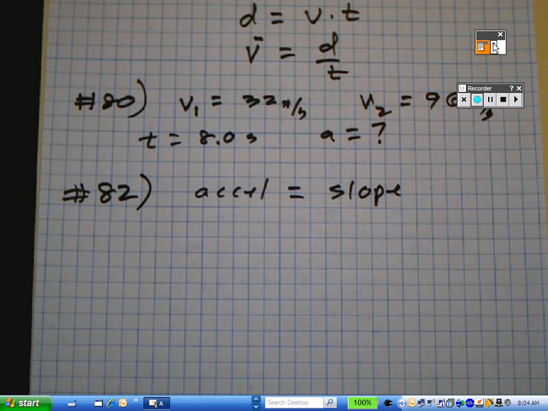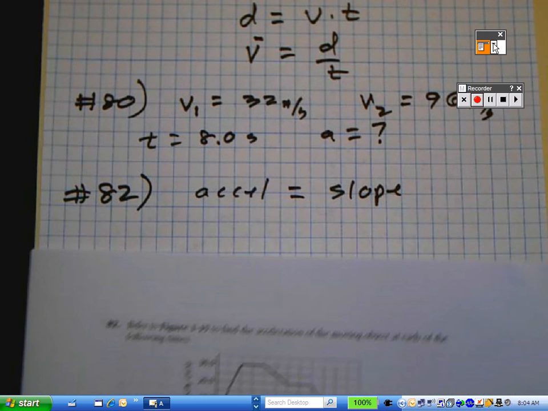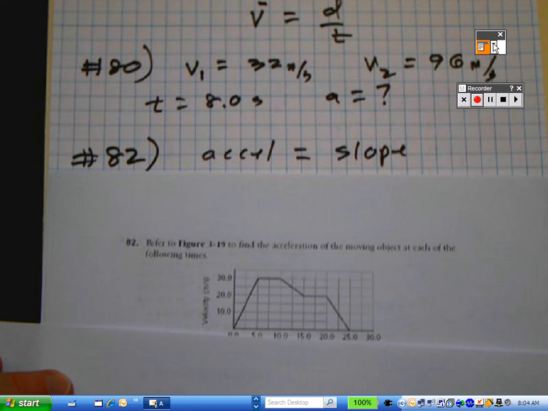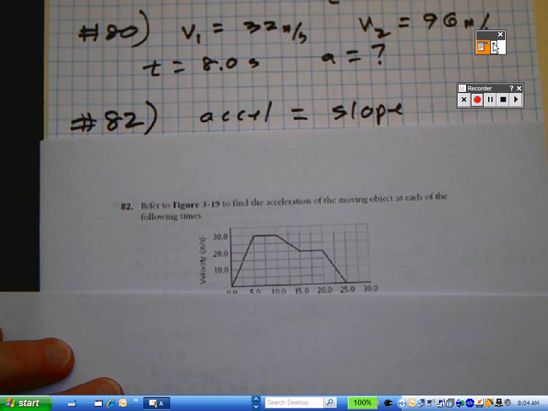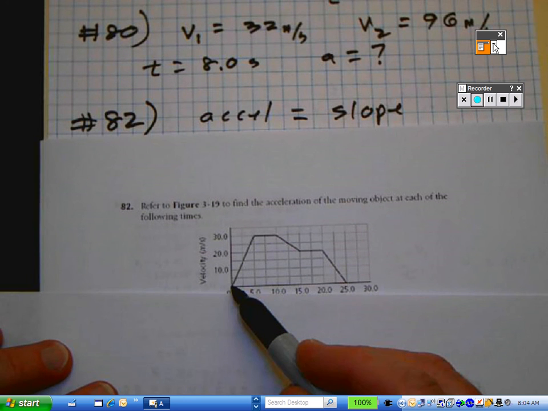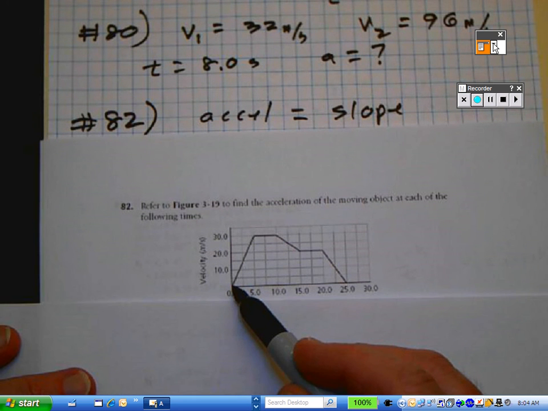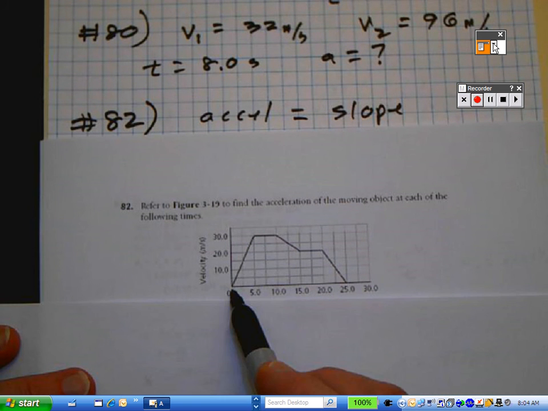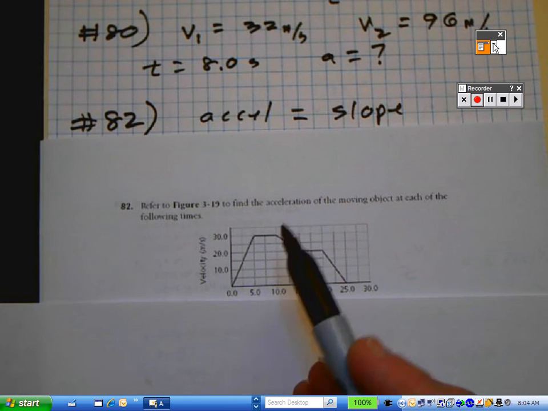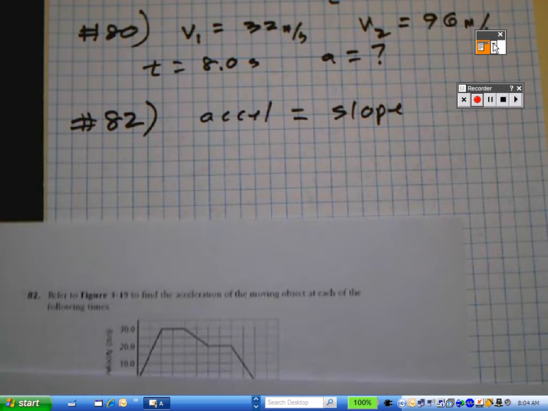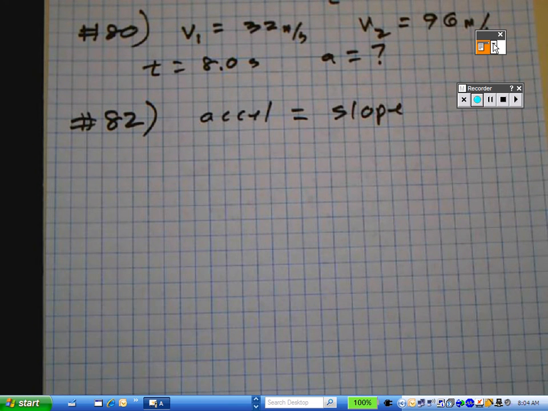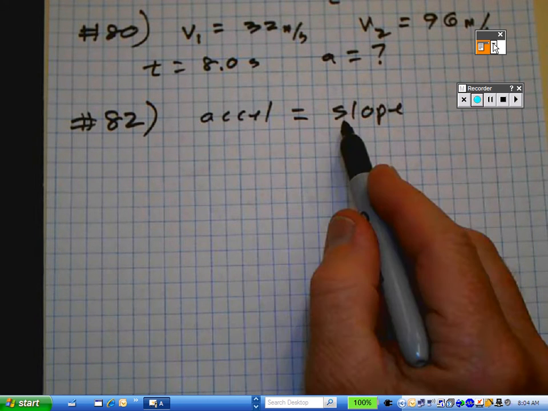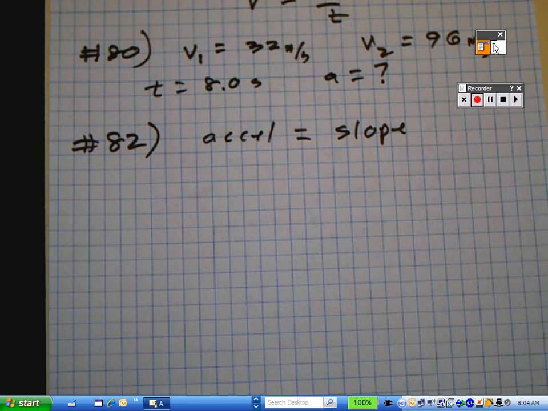But instead of being a curve, you'll find the graph looks like this. So when you do the slope, you're going to simply take the rise, which in this instance would be 30 meters per second, divided by the run, which is 5 seconds. And for each interval, you could use that technique to find the rise over run and the slope. And so all of number 82 could be helped that way.